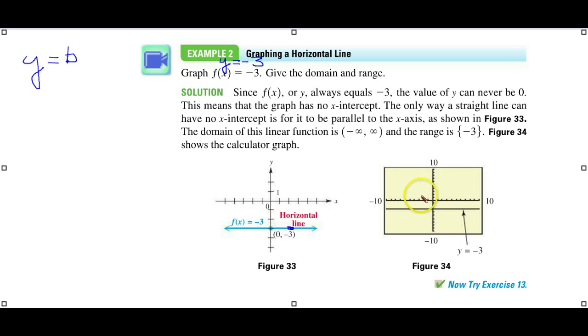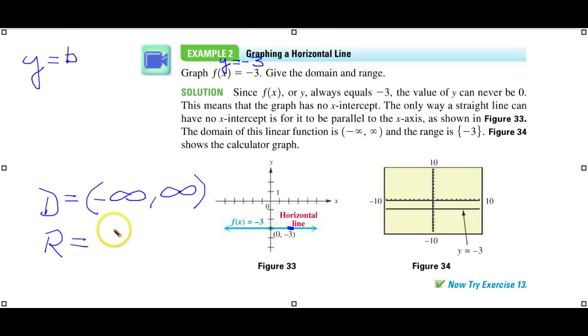And if you did it on your calculator, it would look like this. Now, what is the domain of this? Well, the domain is from negative infinity to positive infinity. But the range now is just this value of negative 3. Okay. Now, they're not putting it in a bracket. I don't know if that's just the way they're illustrating that, but it should be in brackets.